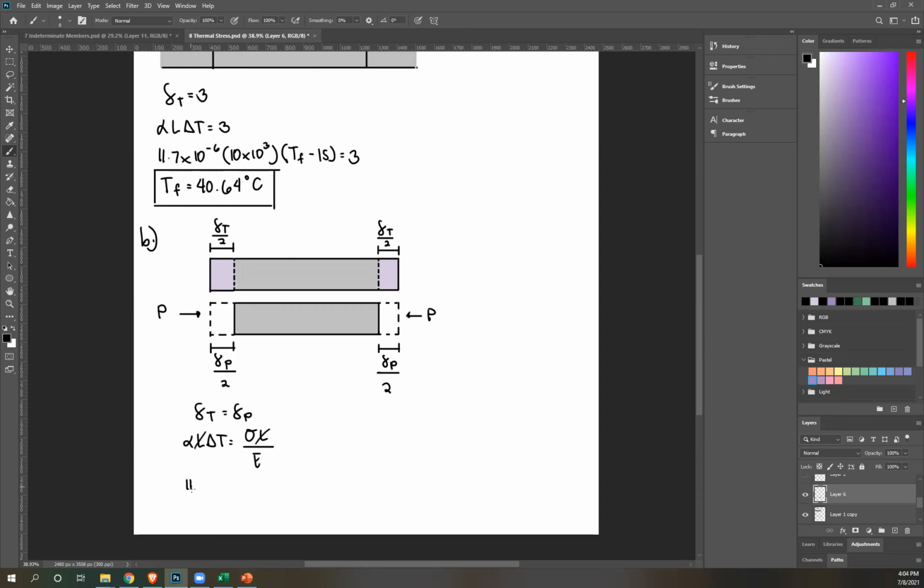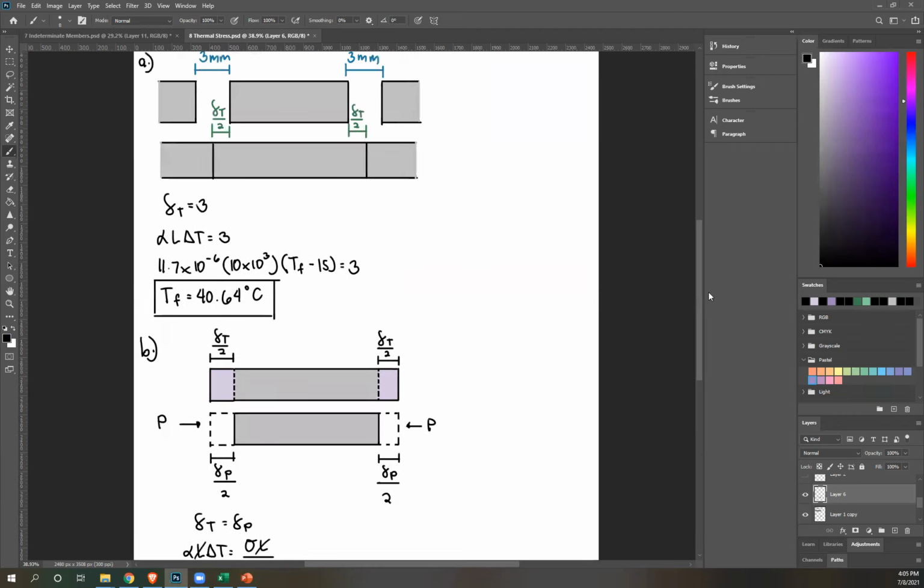Alpha is 11.7 times 10 raised to negative 6. Change in temperature is your TF, which is what we solved.